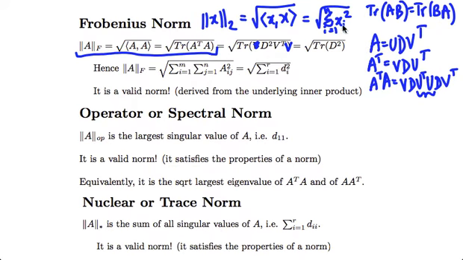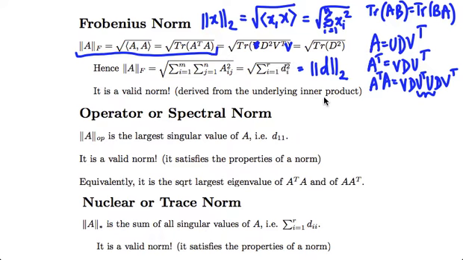So this looks a lot like summing over the squares of all the entries of the matrix, right? But it's also gotten by the sum of i equal to 1 to r of d_i squared, where these are the singular values. So this is actually like the L2 norm of d, where d is basically the diagonal of the capital D from the singular value decomposition, right?